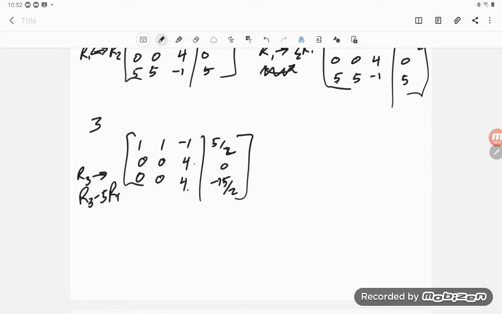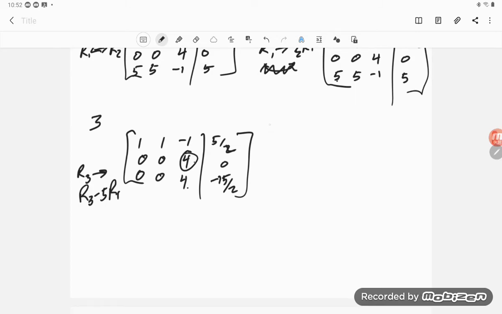And so now what we need to do is, these first two columns are set. There's nothing I can do. Everything here is in row echelon form so far, but I need to turn that 4 into a 1. And so I'll simply rewrite the first row. 5/2.